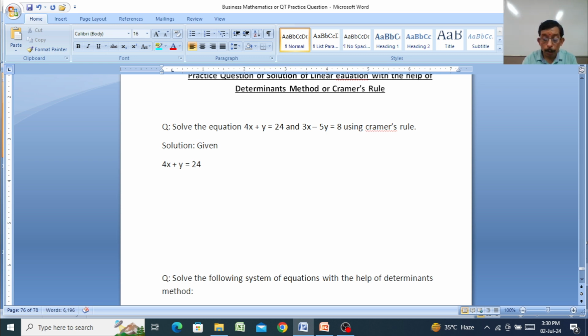The second equation is 3x minus 5y is equal to 8.